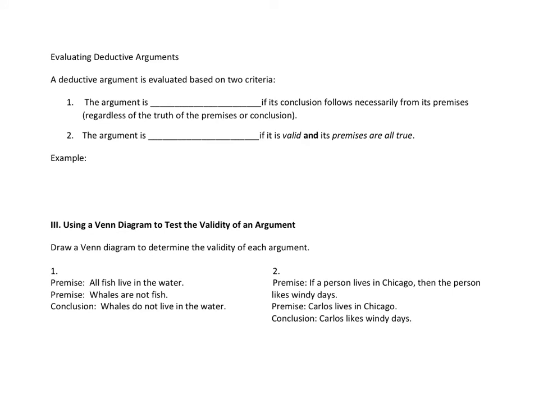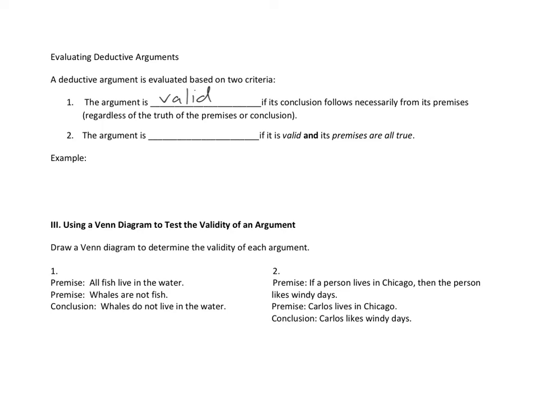On this slide, we will be taking a look at evaluating deductive arguments. A deductive argument is evaluated based on two criteria: whether or not the argument is valid, and it's valid if the conclusion follows necessarily from its premises.